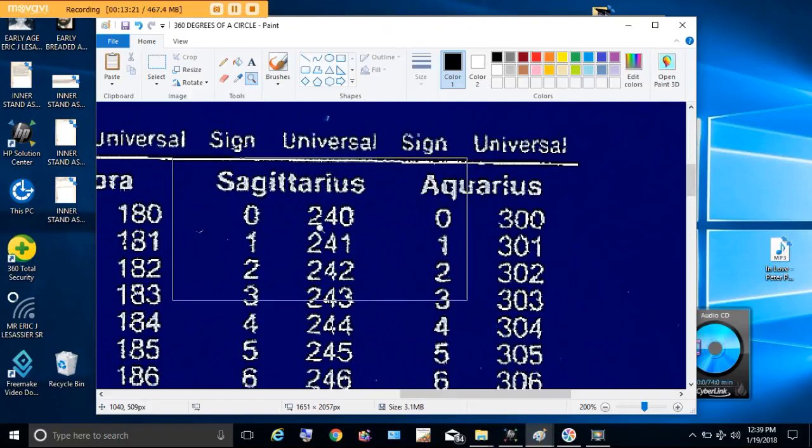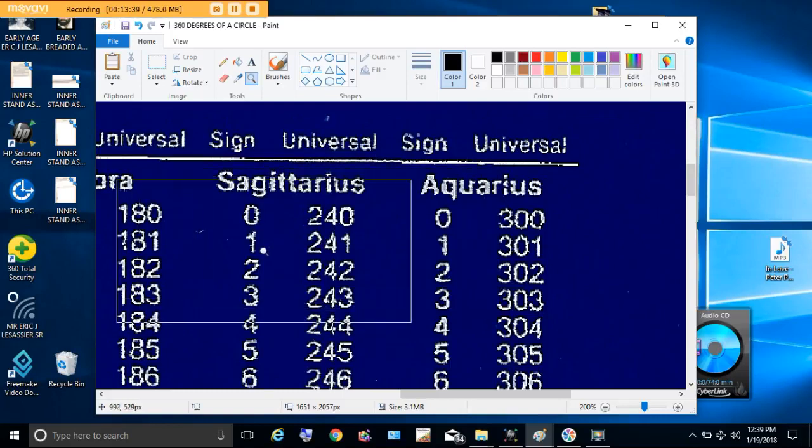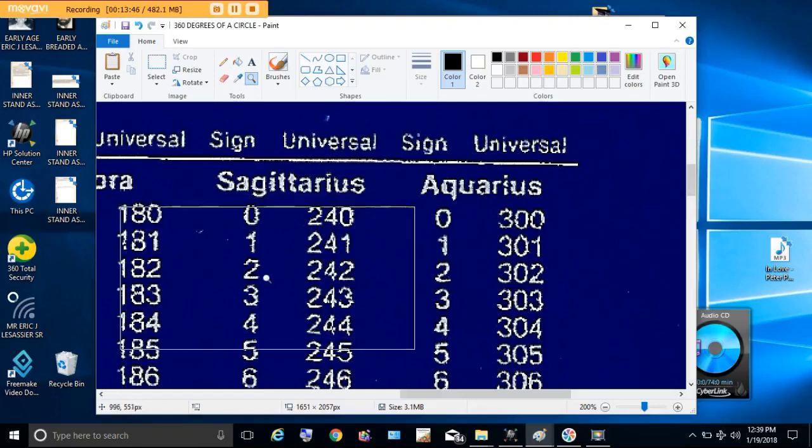So each time the sun passes through its season, the 1 degree that it passes through for that seasonal condition has a value on it. And so Sagittarius' value on 0 is 240 degrees. The next day the sun goes through the 1st degree of Sagittarius, it equals 241, and so forth.